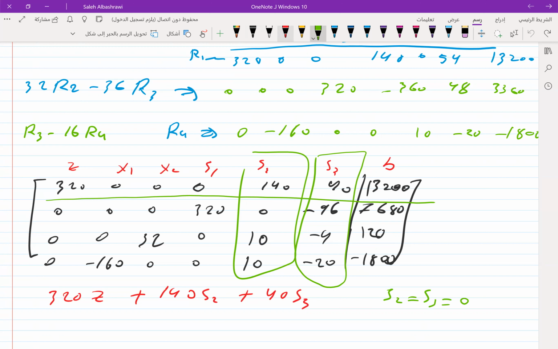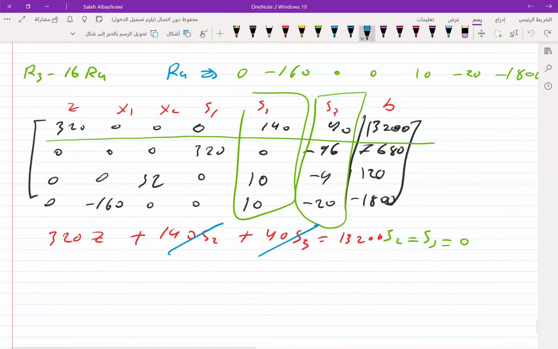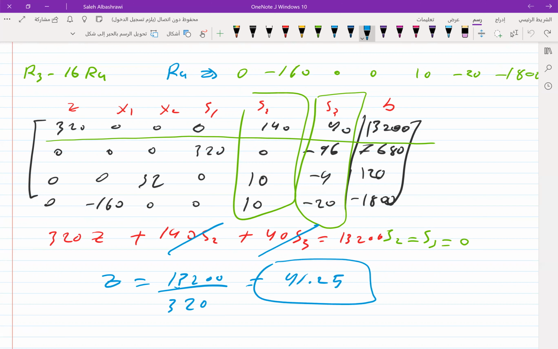And this is equal to the right-hand side, which is 13,200. But since these are zeros, I can cancel this. So Z equals 13,200 divided by 320, which is equal to 41.25. So this will be my maximum value.